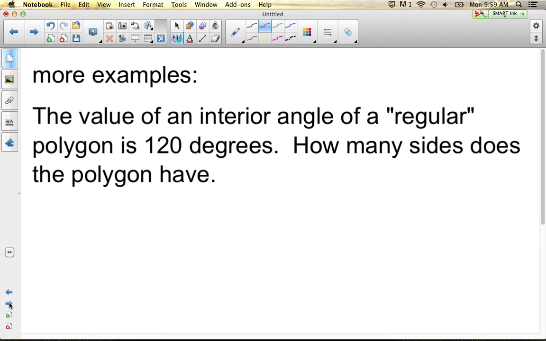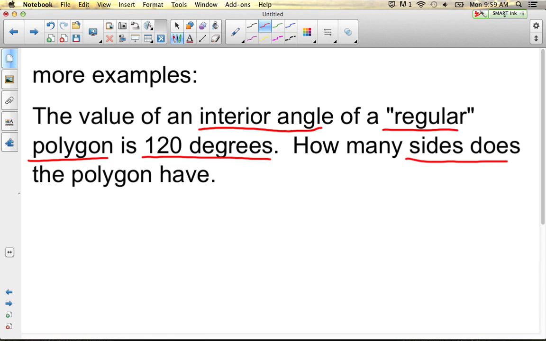This question's a little bit different, so please make sure you are listening. It says the value of an inside angle, interior angle, of a regular polygon is 120 degrees. The question this time is telling me how many sides does the polygon have? So this one's going backwards.